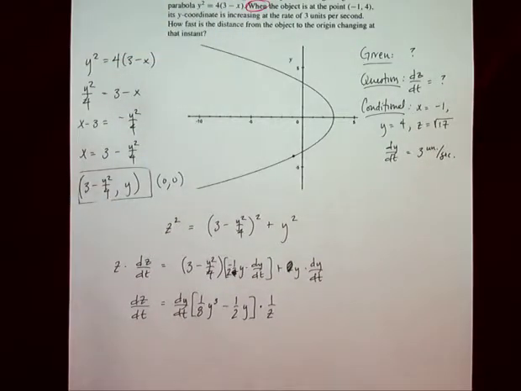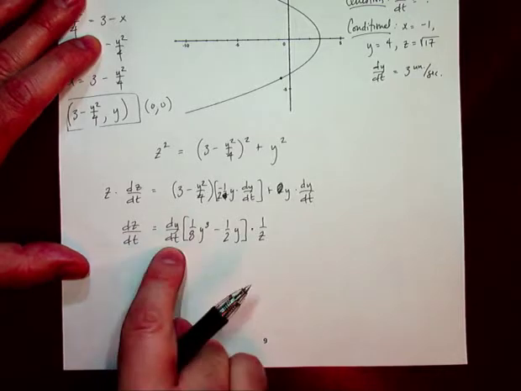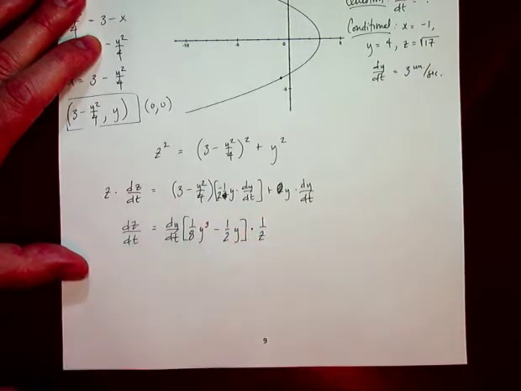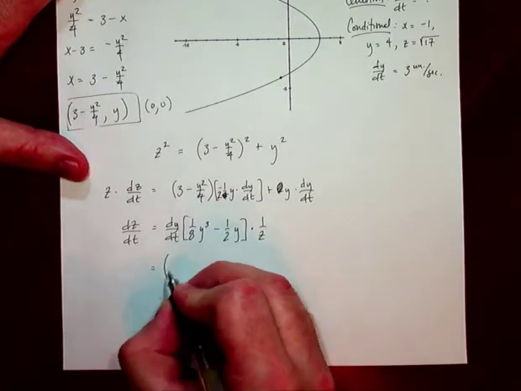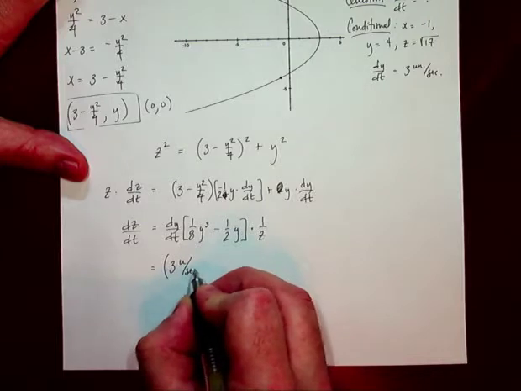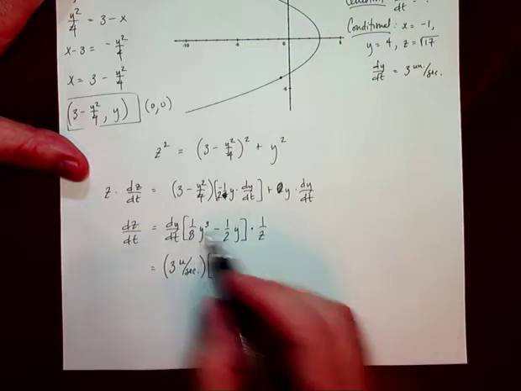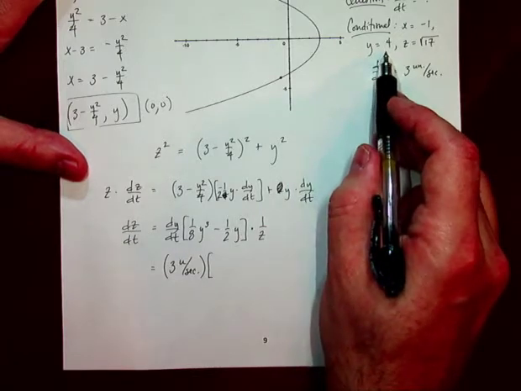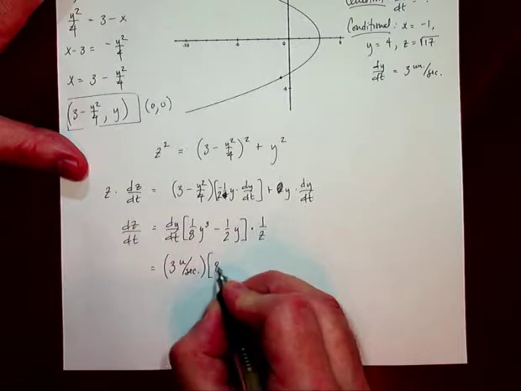Okay, let's plug in. We're looking for dz/dt. We have dy/dt, we have y, and we have z. So dy/dt at that moment is 3 units per second, and y is 4. 4 cubed is 64, 64 divided by 8 is 8.